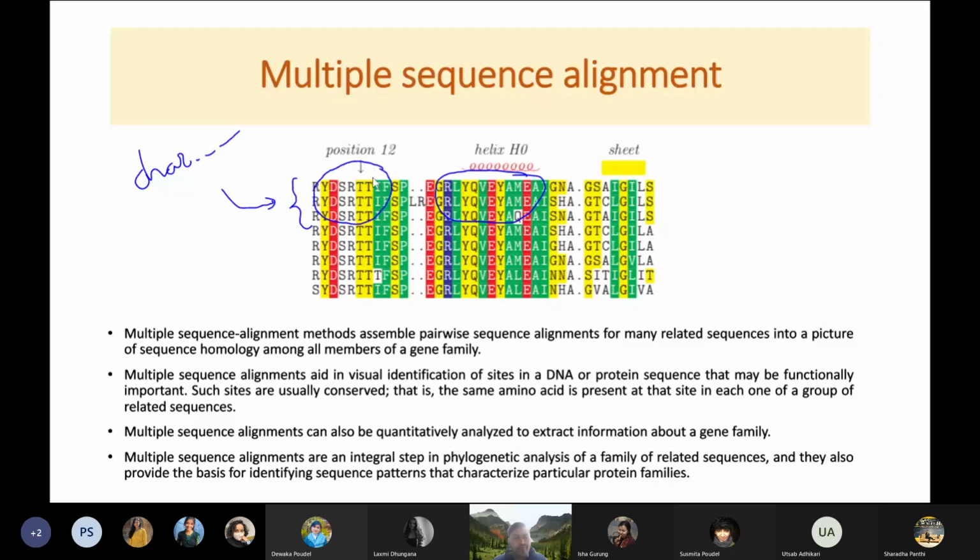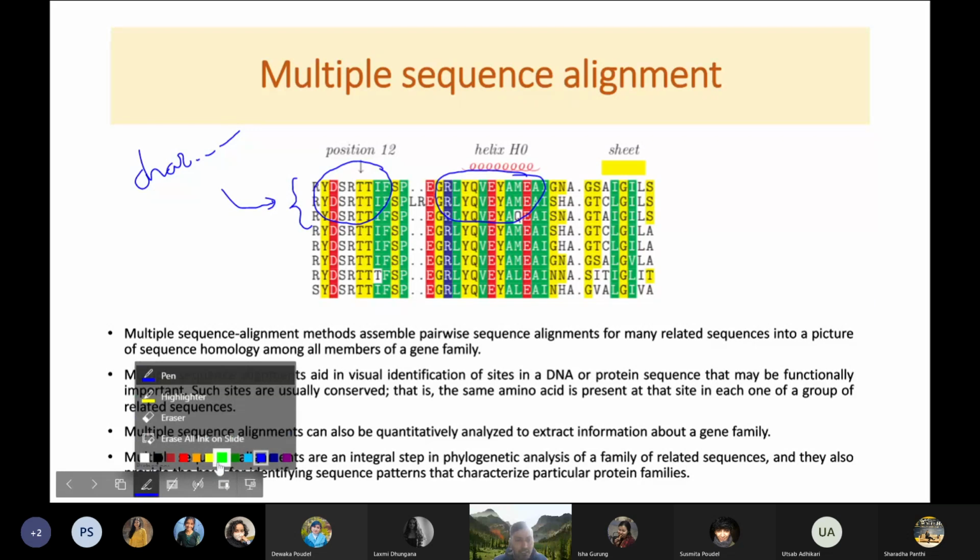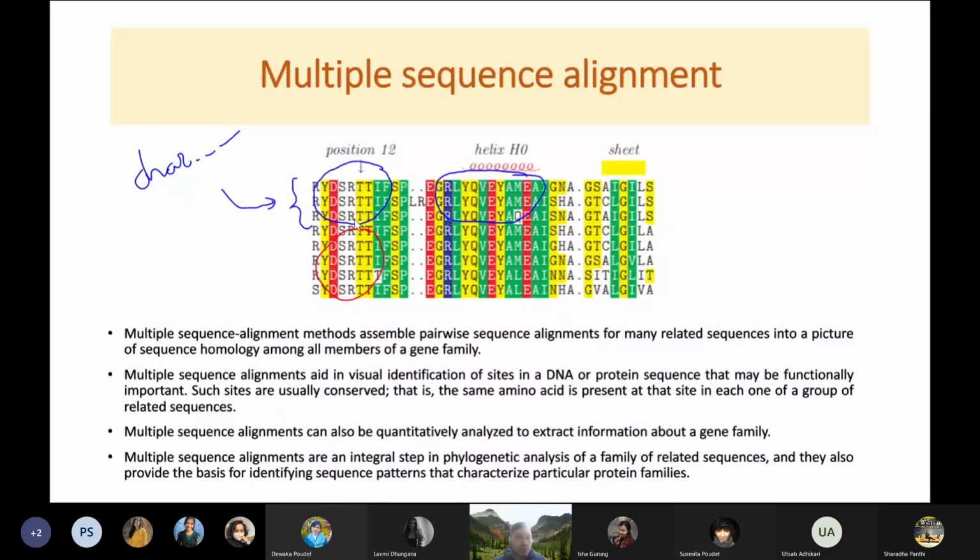And what you can infer is that even the rest of these segments are also your DNA binding regions, or helix regions, or sheet regions. And here you can also identify key residues, right? Some conserved residues.